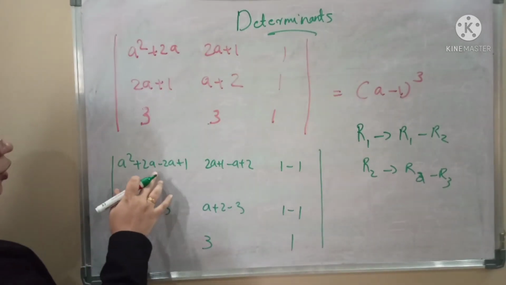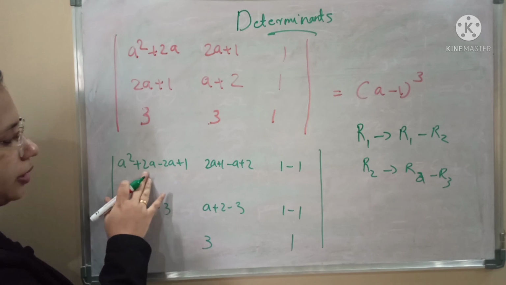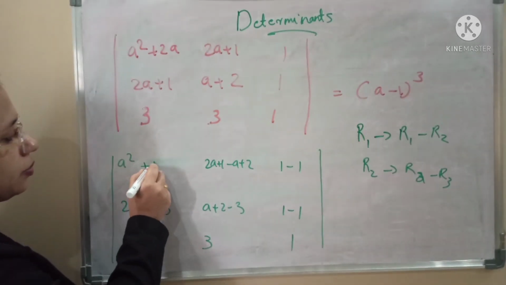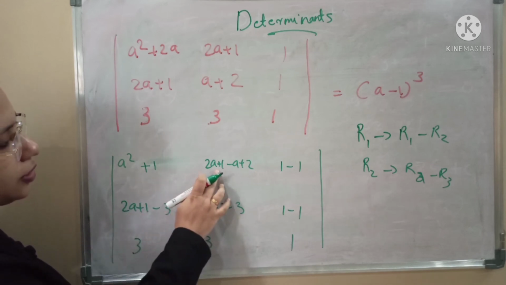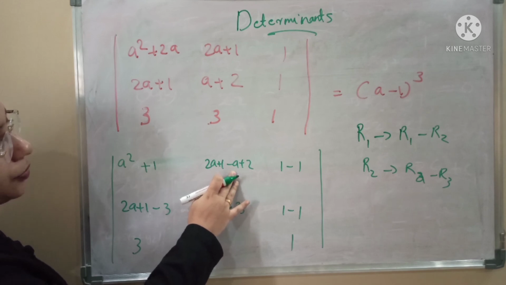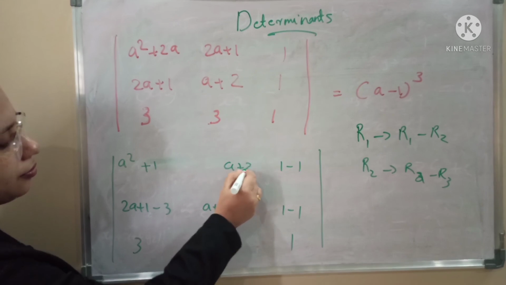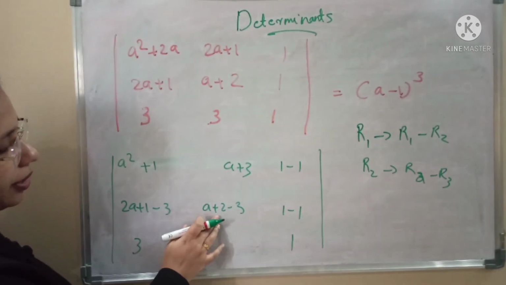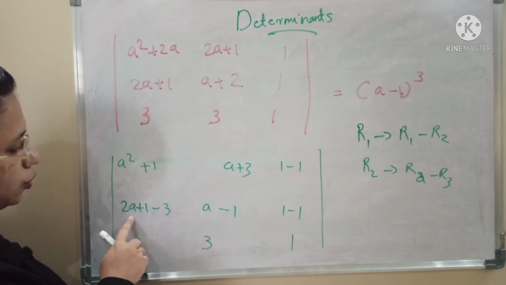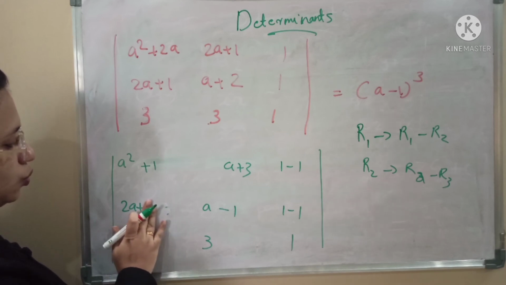So 2a minus 2a will be 0, so this will be a square plus 1. Okay, so this is 2a minus a will be a, right? So a plus 3, this is a minus 1, this is going to be 2a minus 2.